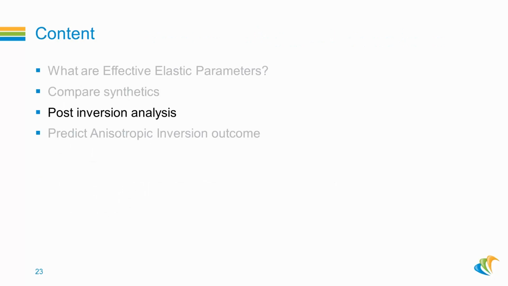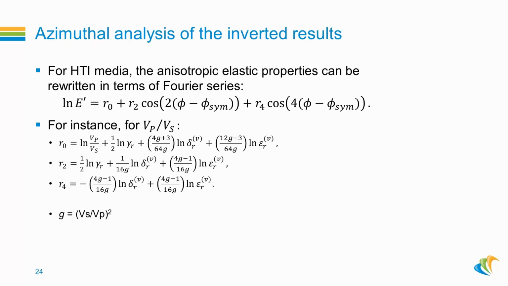Then the next advantage of using effective elastic parameters is that you can do post-inversion analysis, because you know what the elastic parameters coming out of the inversion are going to be. You know how to analyze those. If you take the logarithm of the effective elastic parameters, so the logarithm of E prime, we find that you can write it as a Fourier series.